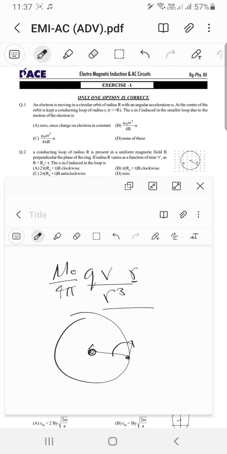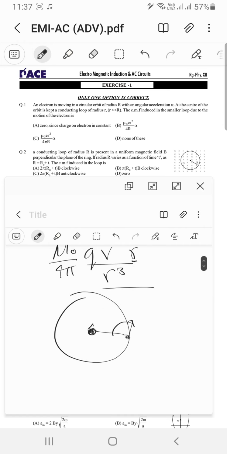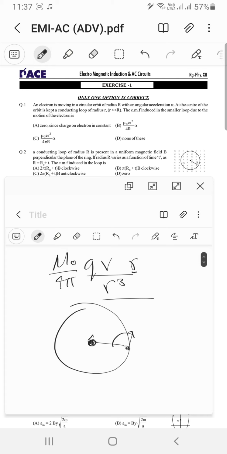This times the area, pi capital R squared, since the loop is very small. We can cancel this and just say it's v by r squared.